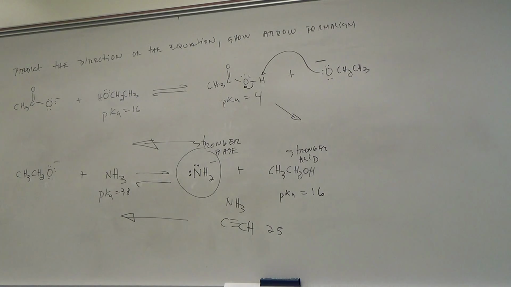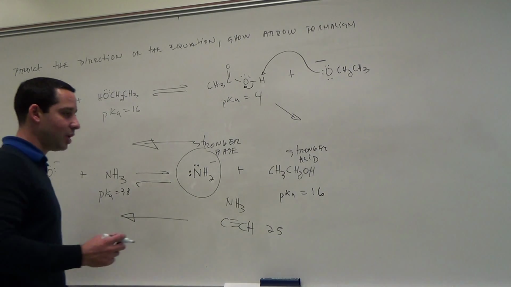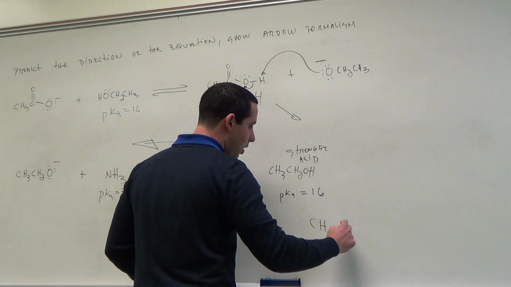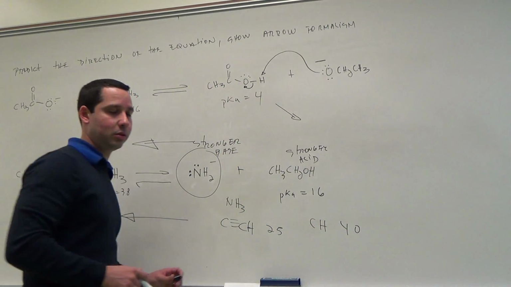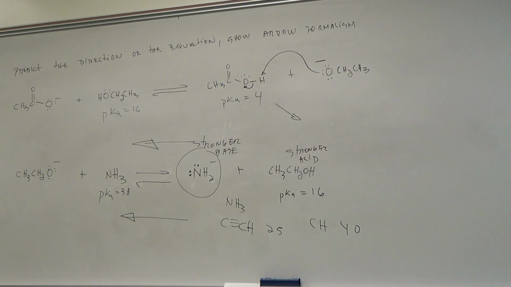And then after that comes sp3 hybridized carbons, and these are in the 40s. Okay? Carboxylic acids, water, alcohols, triple bonds, well, double bonds, and then ammonia, nitrogen-containing compounds, and single bonds on carbons. Okay?